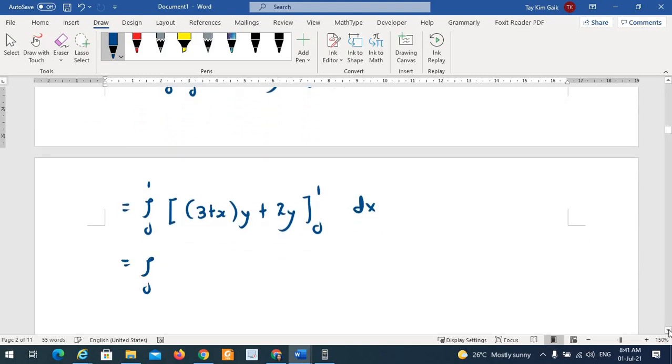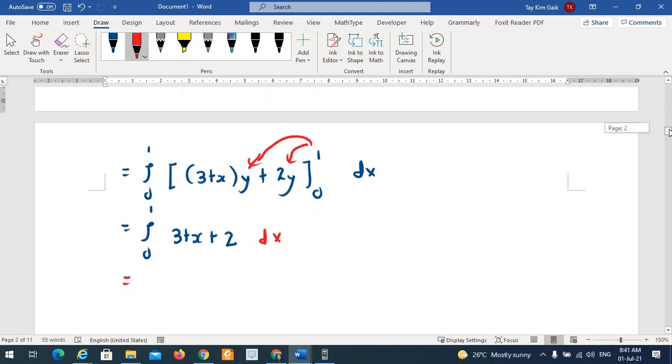Plug in 0, this is 0. So you get 3 plus x plus 1 dx. So it's 4 plus x dx.